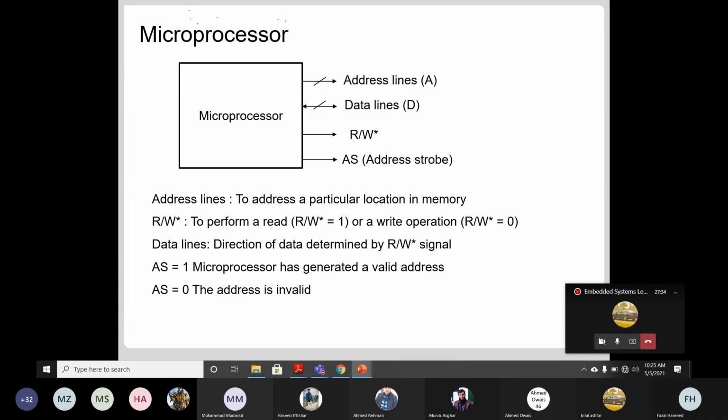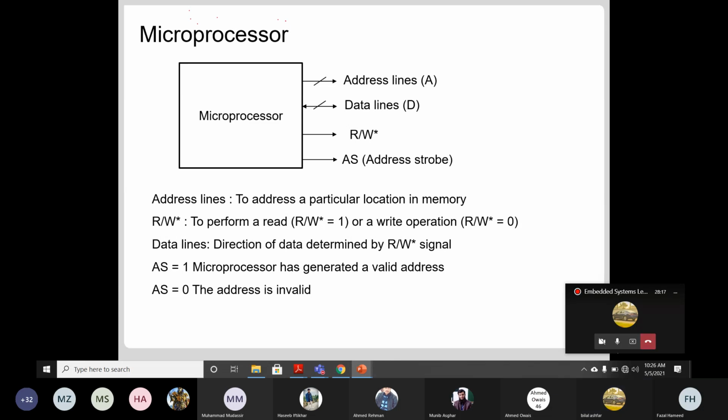Actually, the microprocessor will generate a valid address whenever it requires some data from memory, whenever it wants to perform any operation on memory. And what kind of operation would it like to perform on memory? Read or write?